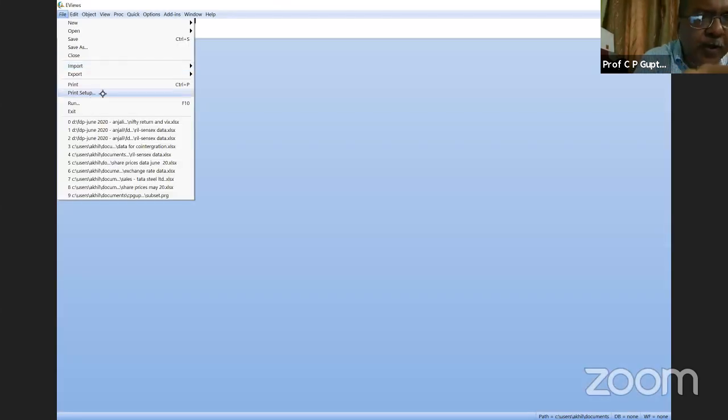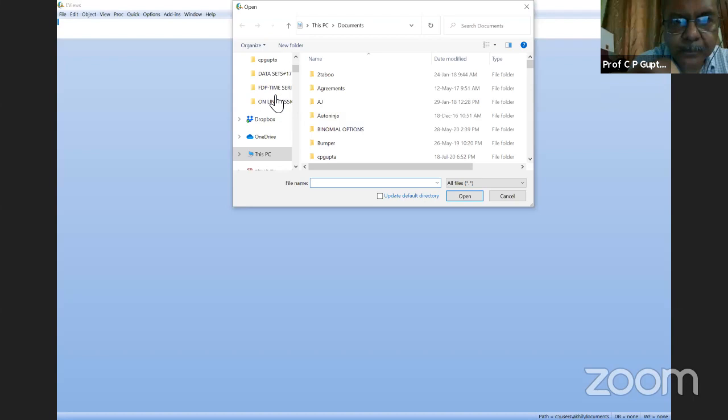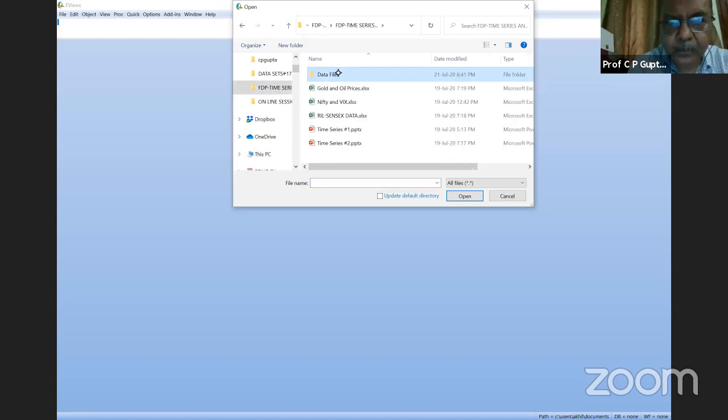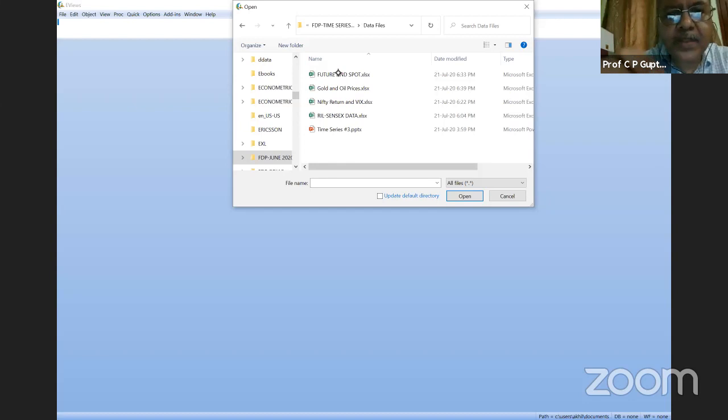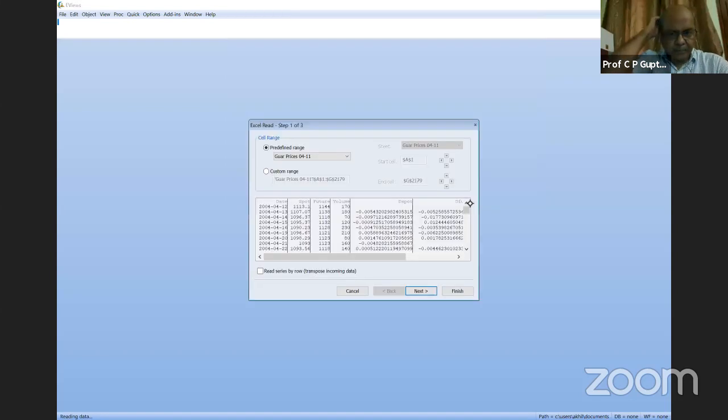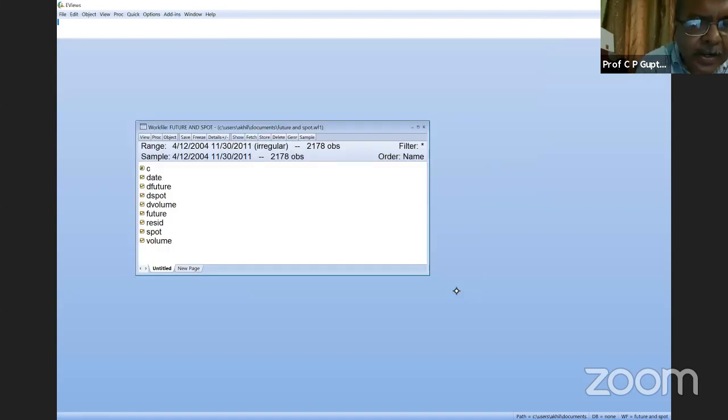So please open up a file and suppose this time I take future and spot data of commodity. Friends, I've already calculated D future, D spot to make the series stationary. Here we have 3 sets of data: the future data, the spot data, and the volume data.